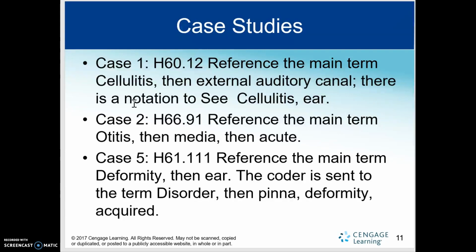Antibiotics were given, and the patient was instructed to return to his doctor in 7 days or to call if symptoms worsen. This doesn't give us a diagnosis, so again, you guys are probably going, what do we code here? Well, the line that says there is definitely cellulitis of the external auditory canal, that would be the reason that they gave him antibiotics. So they gave him antibiotics for cellulitis of the external auditory canal. So that's what we code.